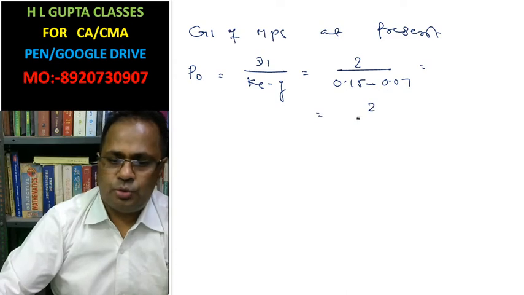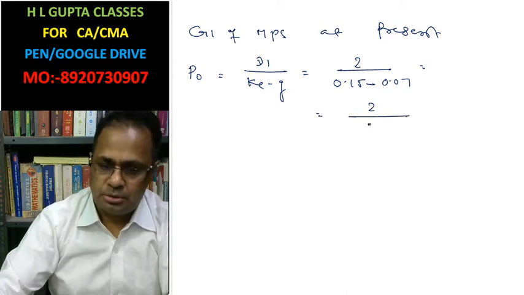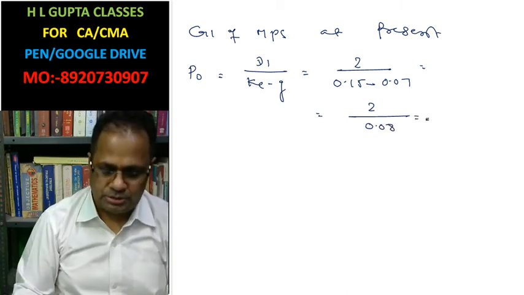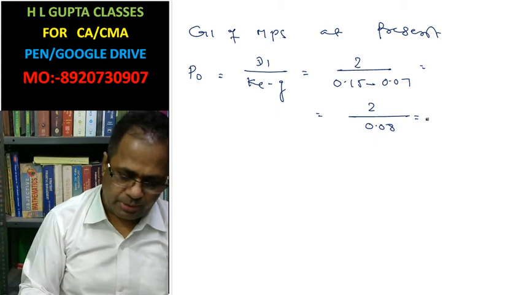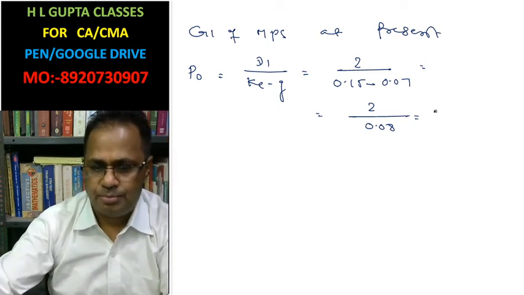This is 2 divided by 0.08. So 2 divided by 0.08 is rupees 25.